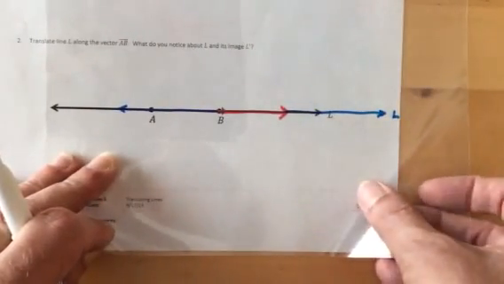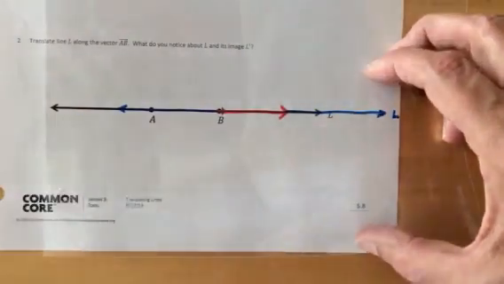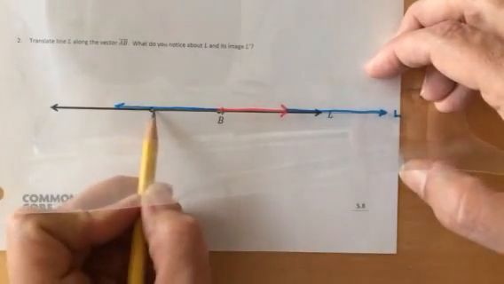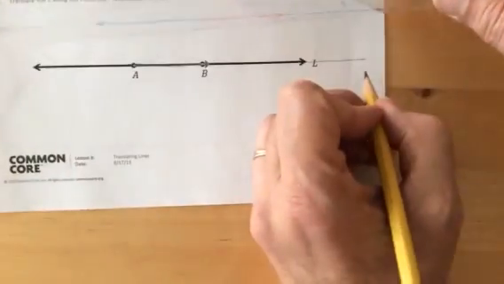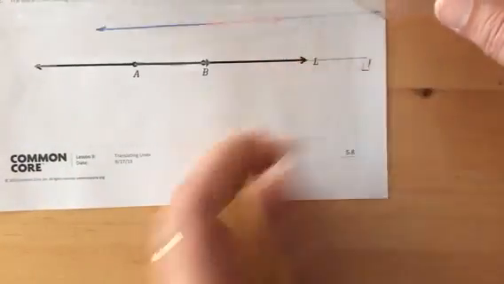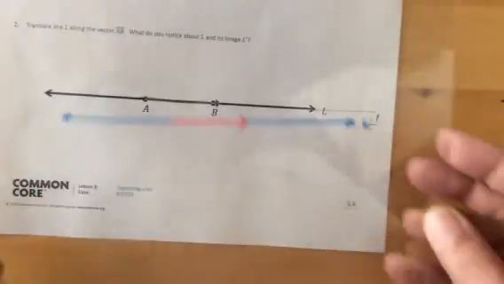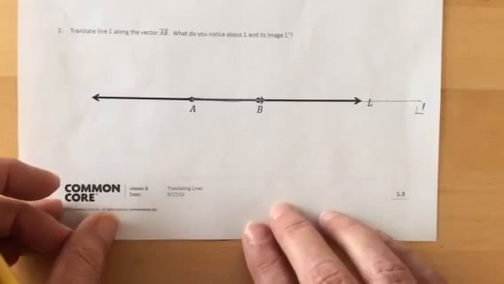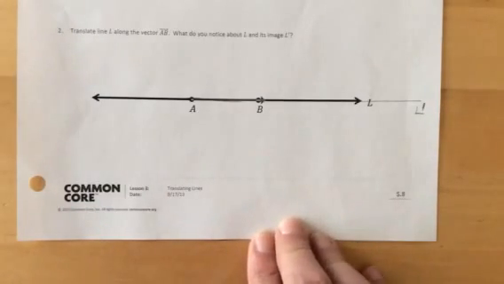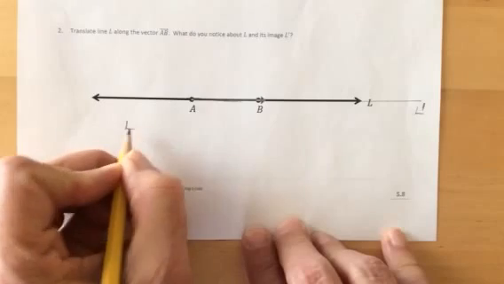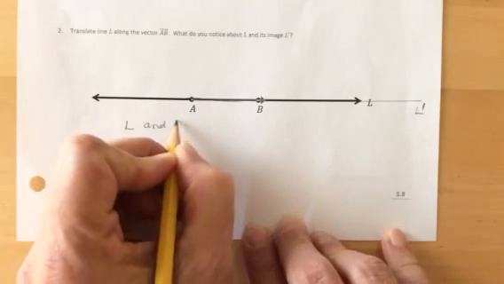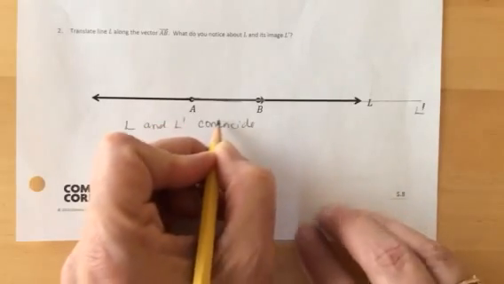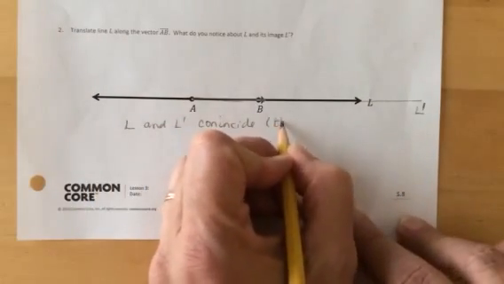So there's my line, and what you should notice is that I can trace it like this. There's L, and we'll call it L prime because it's the image. What happened was, when the vector was part of the line, L and L prime coincide, or they're the same line.